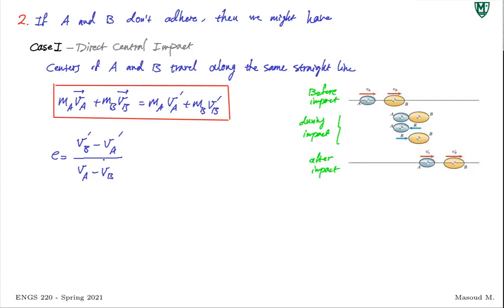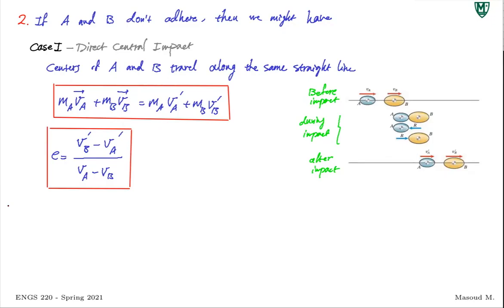There's an energy exchange there. Now you have two equations, first equation and second equation. These two equations are enough for you to find the two unknowns, the velocities of the objects after the impact.